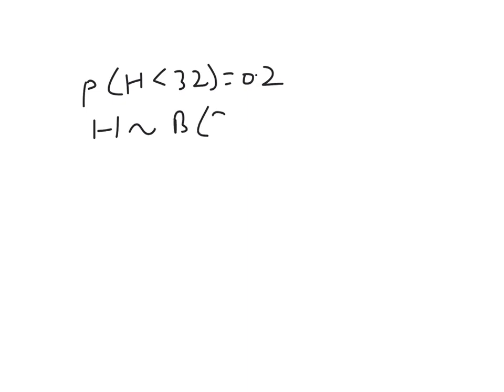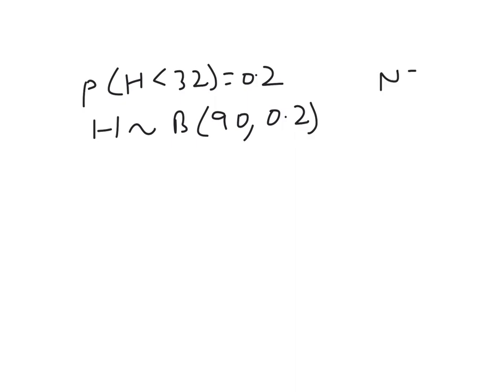So we're told that the probability that h is less than 32 is 0.2, and we're going to have 90 of these tennis balls bouncing. So we're going to have a binomial distribution with 90 events and the probability of success being 0.2.